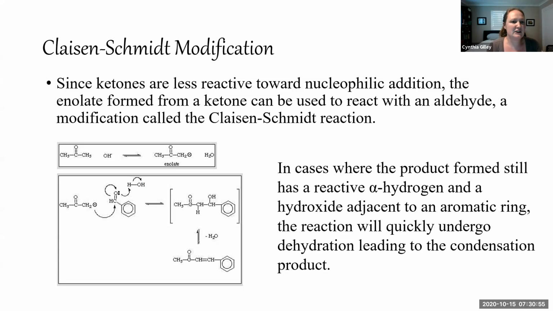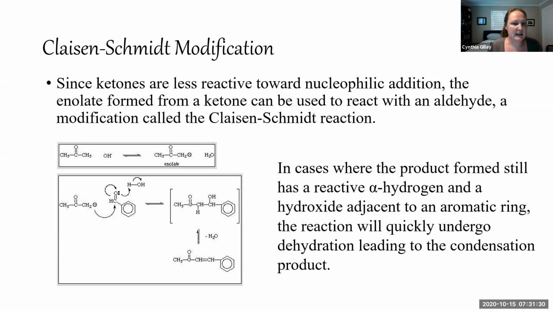Let's talk about the Claisen-Schmidt modification. It actually takes advantage of the knowledge that ketones are not as electrophilic as aldehydes. So that means that they're less reactive towards nucleophilic addition, where the nucleophile is an enolate attacking a ketone versus an aldehyde. The enolate formed from a ketone can be used to react with an aldehyde because aldehydes are more electrophilic.